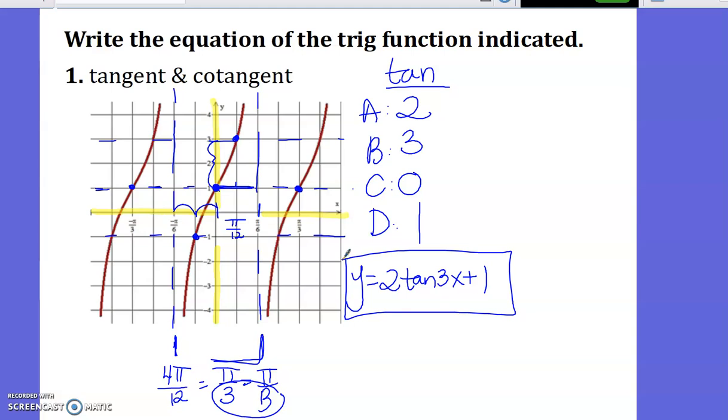Okay, going on to cotan. We did this with the other 4 graphs: what stays the same, what always changes.